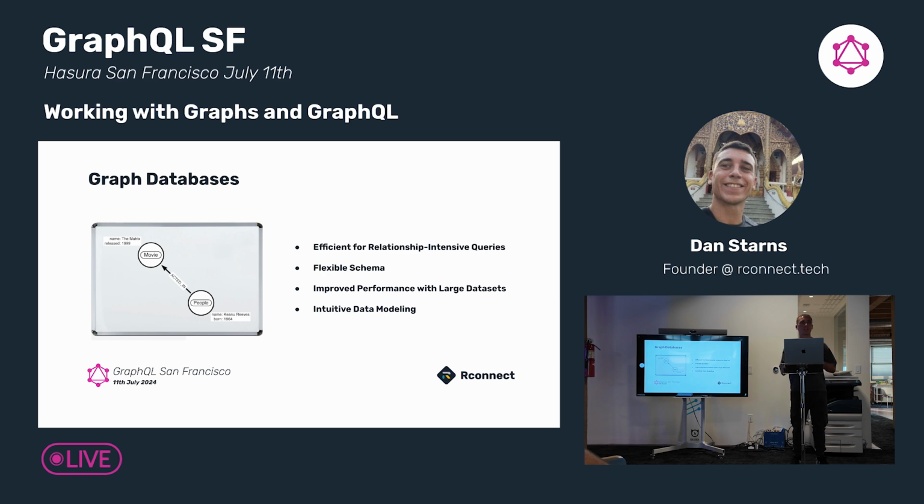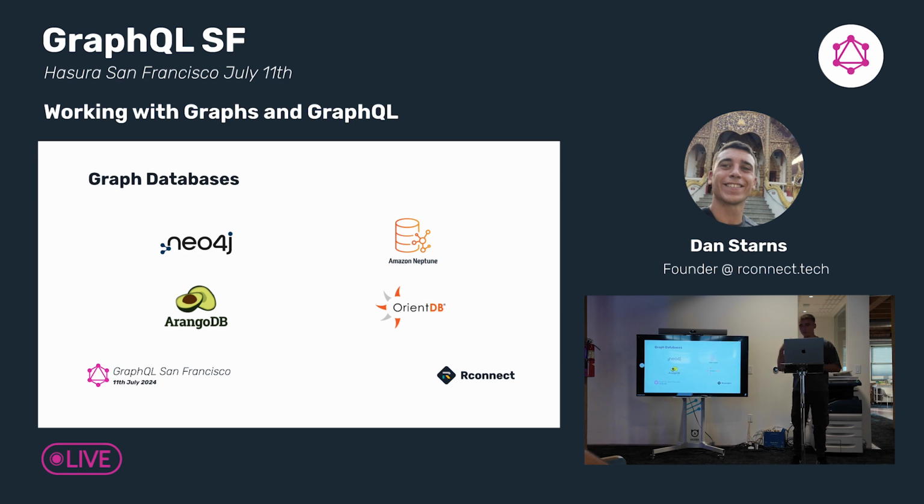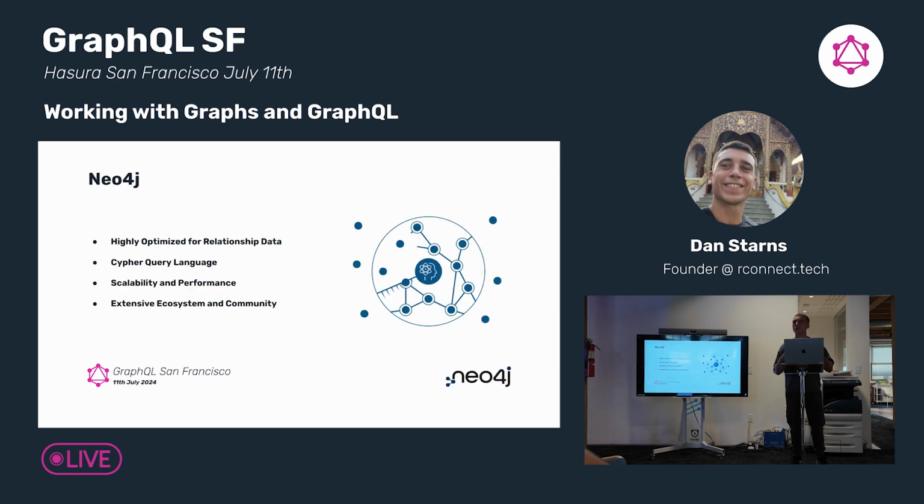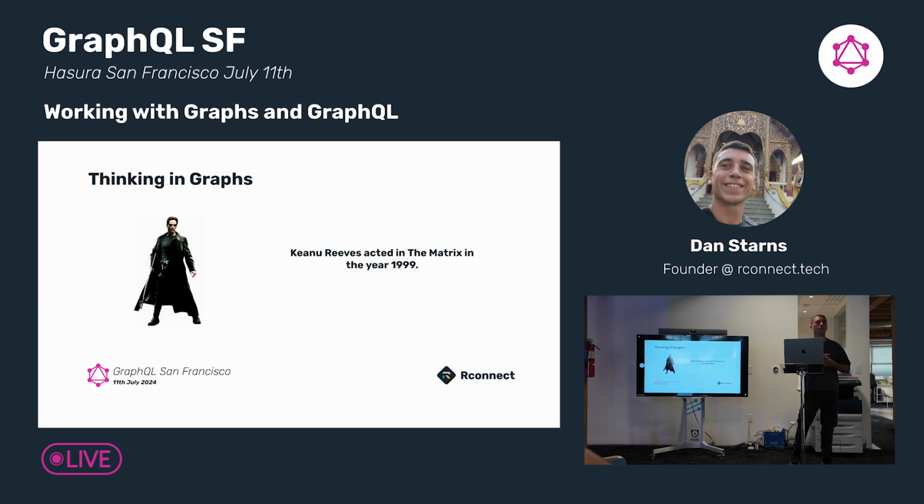But for the most part, we need to think about how we think about our data. There are a bunch of graph databases out there. I'm going to be diving into Neo4j. It's highly optimized, has the Cypher query language, and you can go and check out the website to find out more specifically about Neo4j.